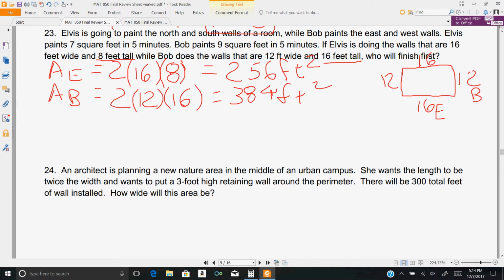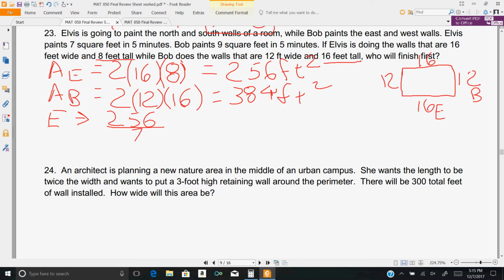So for every 7 square feet, Elvis is going to take 5 minutes. So I need to know how many 7s are there in the area that Elvis is going to do. So I'm going to say 256 divided by 7.